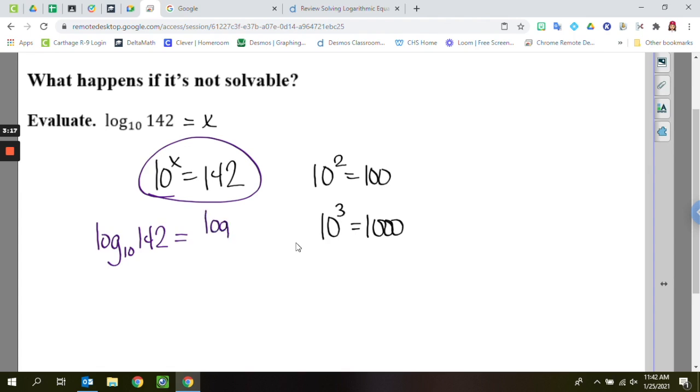Log of 142 divided by the log of 10. So the logarithm of the number divided by the log of the base. So what do you get in your calculator with that?